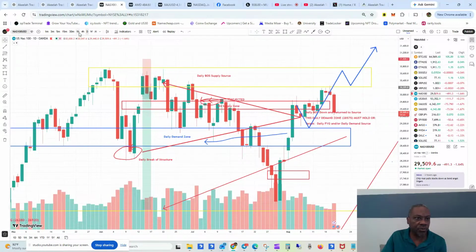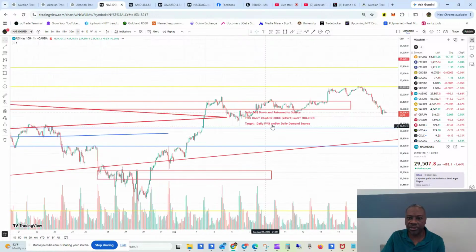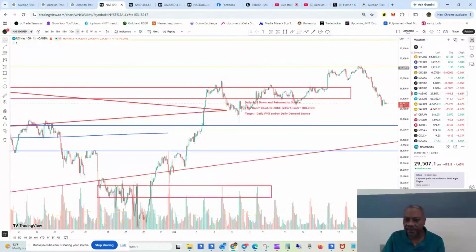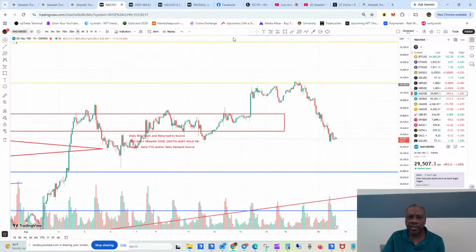Before I leave that, let me go to the hourly down here. I'm just going to drop down to the hourly just to see how strong that rejection was and when did that happen. So this is the zone here that would have been all of our resistance area. And so we got this rejection here. This was sometime overnight yesterday.